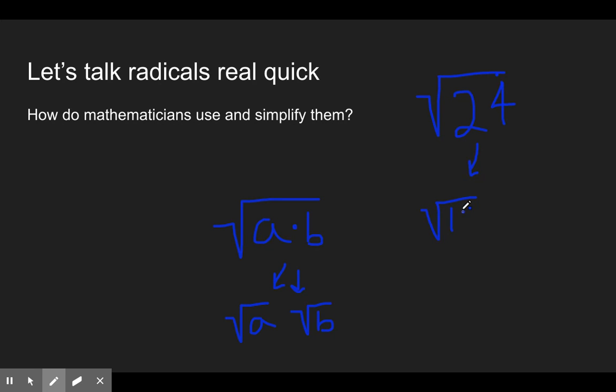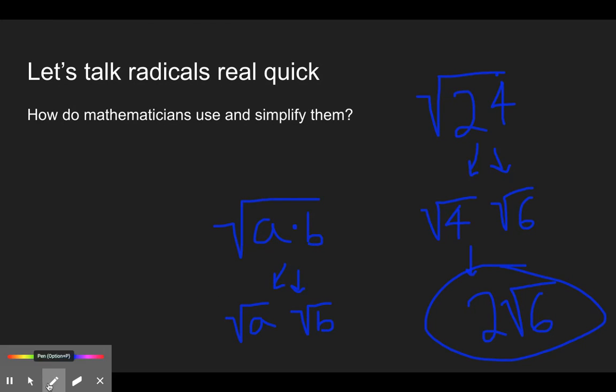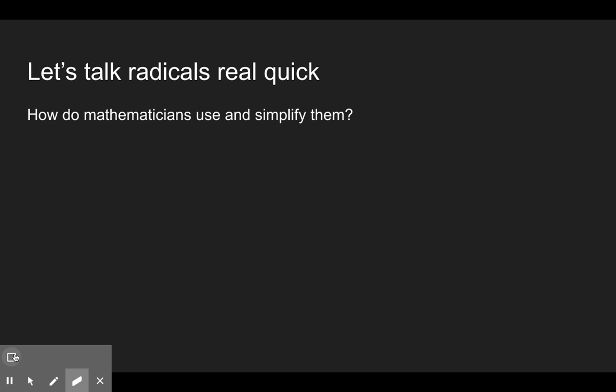Of course I could, and it's still true. It's just not very helpful for me to do that. Instead, I think I might go for saying 4 and 6. Those are both factors, but the reason that's more helpful is that 4 is actually a perfect square, so that I can convert the square root of 4 to just being 2, giving 2 root 6. This is as exact of an answer as I want you to give me when we talk about distances in this class. I don't really want you punching this into your calculator and giving me a decimal answer.